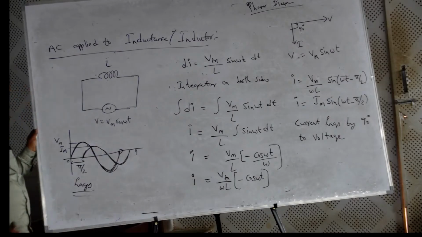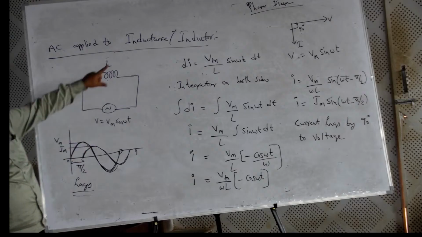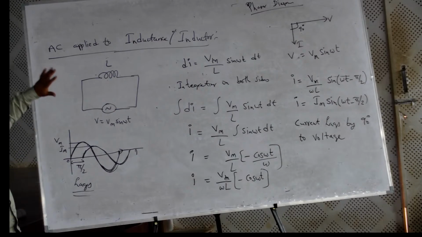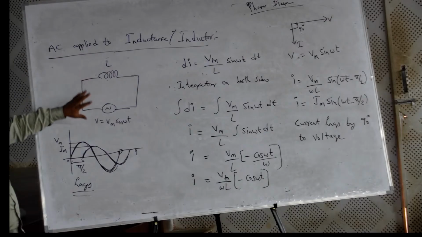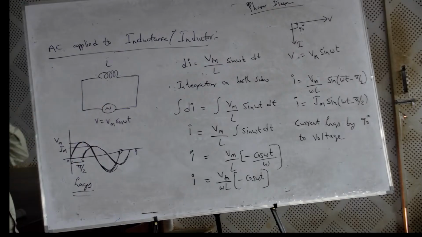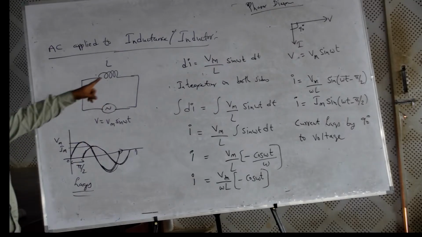This is the waveform. This waveform and phasor diagram you have to write down in the exam. Explain what happens whenever an inductor is connected to an AC alternating quantity. You have to write down this one. Phasor diagram.